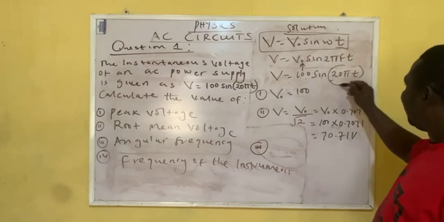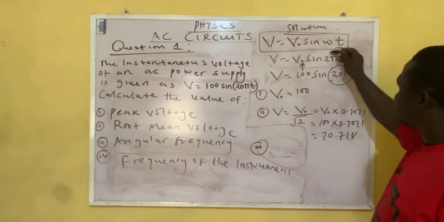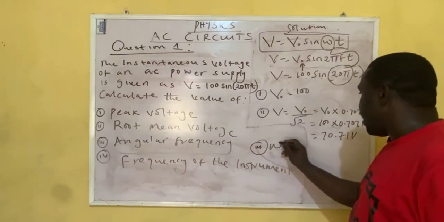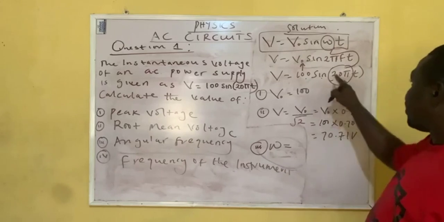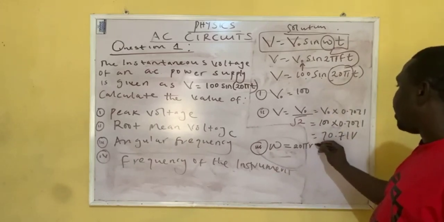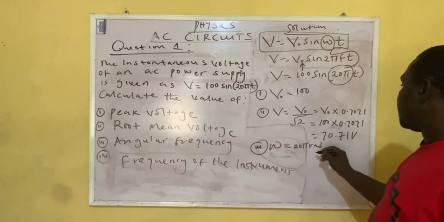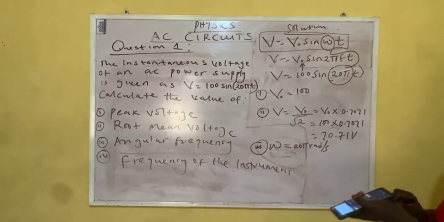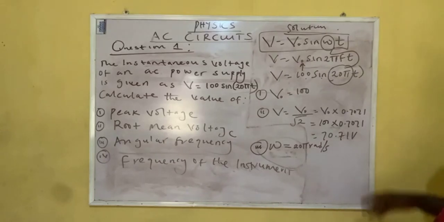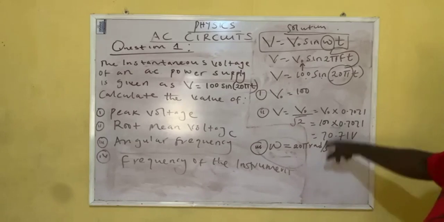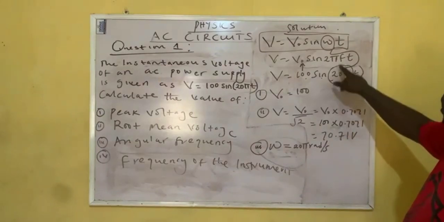Make comparison. Exactly. So my angular frequency or angular velocity is 20 pi rad per second. That's the answer. So that's it right here. You can see it now. Compare.